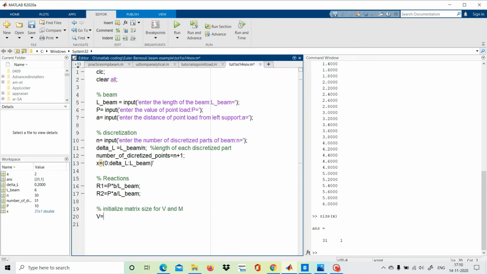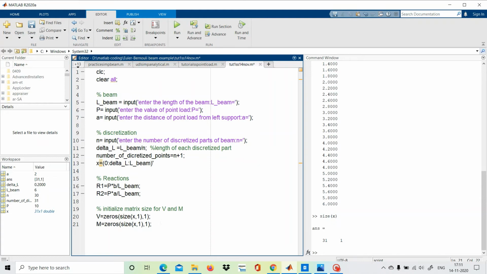First we will just write zeros of size of x comma 1. We want this size for the shear force, and similarly we want this size for the bending moment M also. Shear force and bending moment, both we want to initialize with this size.